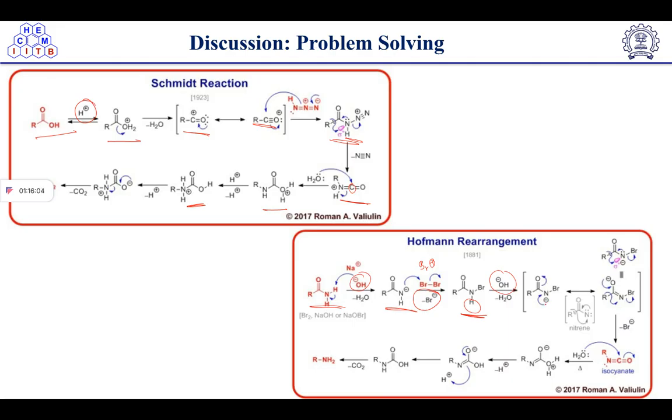Now this negative charge is in resonance with this, right? So the oxygen ion can form here, which will give you the nitrene intermediate. It's the nitrene intermediate. All the reactions are going via the same intermediate formation. That's why we have discussed it here. So after the nitrene intermediate formation, isocyanate will form here, right? This group will get migrated.